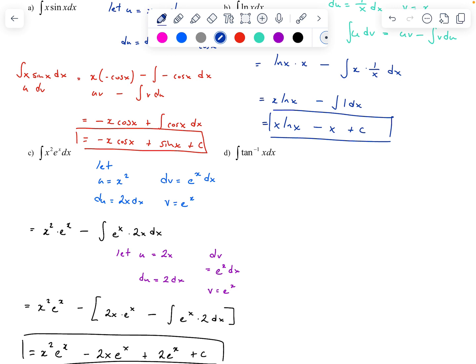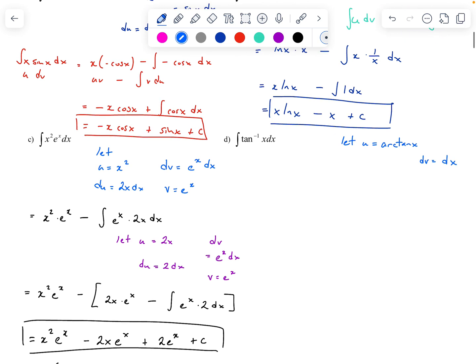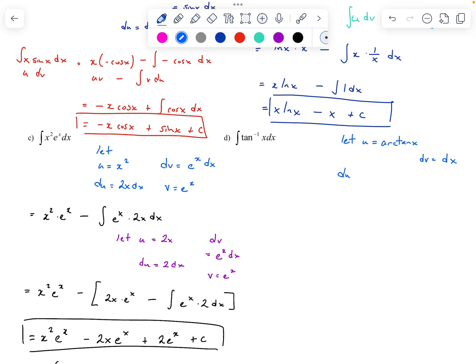And again, if I'm going to do parts for this, there's only two things here. Let the first thing be arctan x, and the other piece is dx. Well, the derivative of arctan x, I remember.